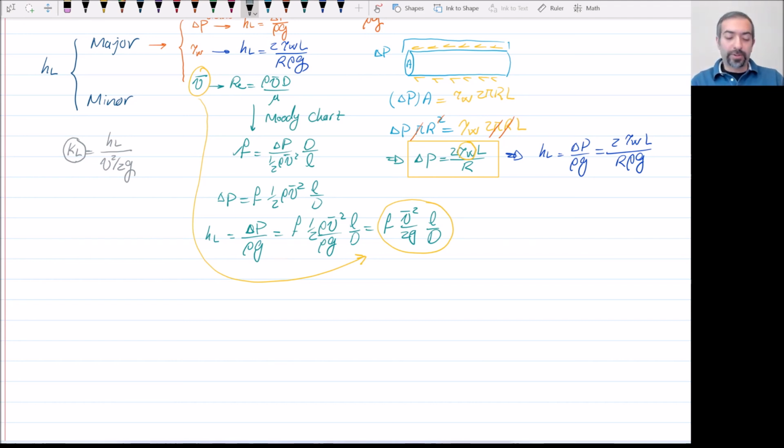So all you need to do is multiply by KL. So for minor losses, HL is KL times V squared over 2g, and you're going to add that into the equation. The HL total is going to be the HL major plus HL minor. You substitute in the equation, and you're all set to move forward.